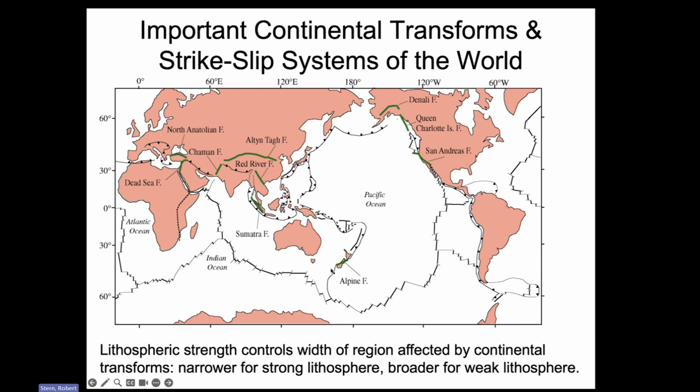The Alpine Fault is. So it may be a little bit confusing as we go back and forth between strike slip faults and transforms. The Dead Sea Fault is. The North Anatolian Fault is kind of an interesting case. It's your choice whether it's a plate boundary or not.